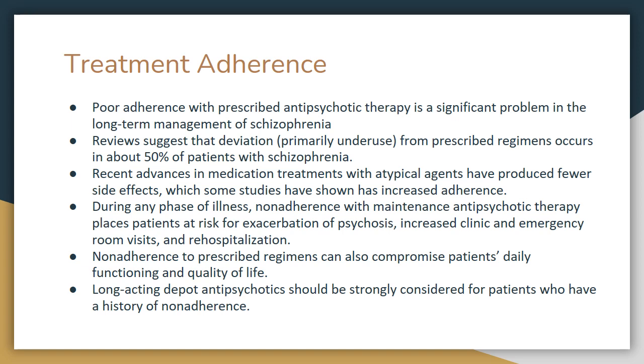During any phase of illness, non-adherence with maintenance antipsychotic therapy places patients at risk of exacerbation of psychosis, increased clinic and emergency room visits, and rehospitalization. Non-adherence can also compromise patients' daily functioning and quality of life. Long-acting depot antipsychotics should be strongly considered for patients with a history of non-adherence.